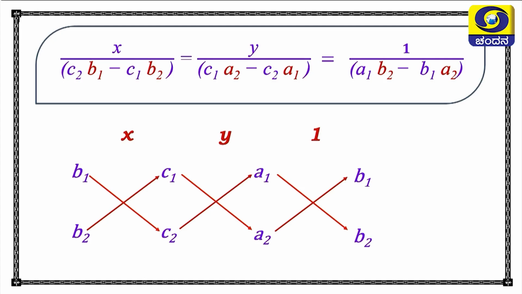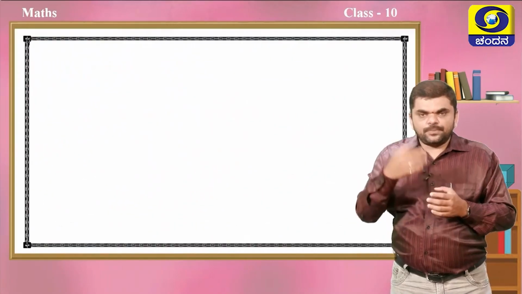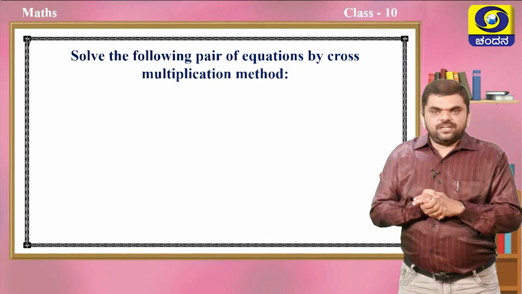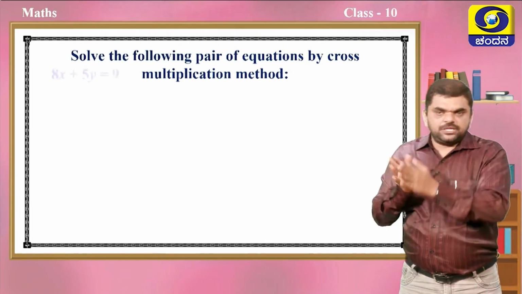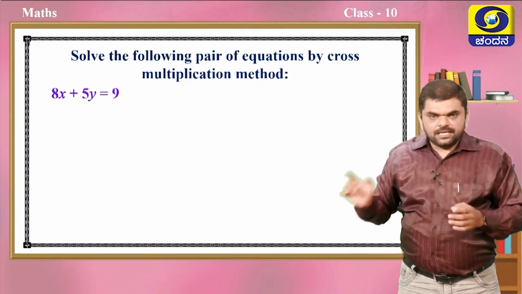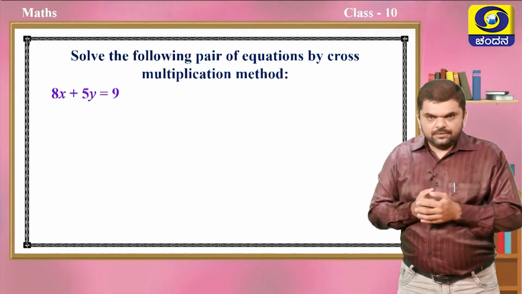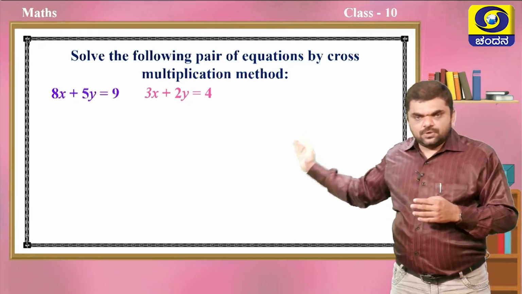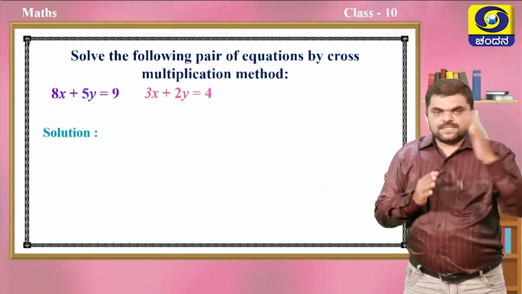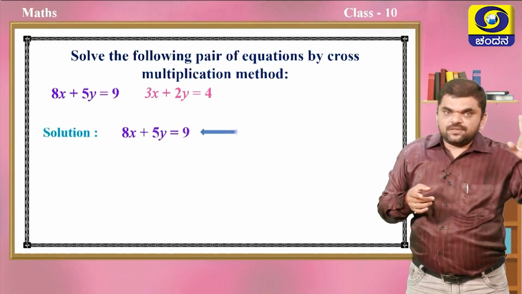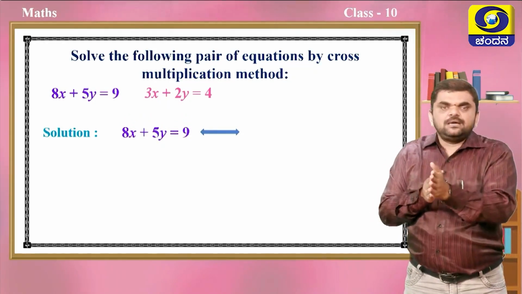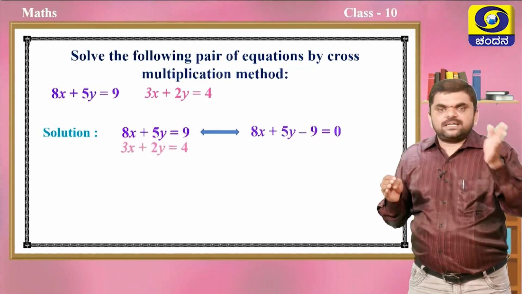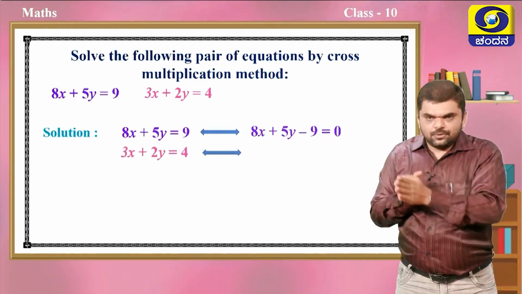Now let us solve one problem on this. Solve the following pair of linear equations by the cross multiplication method. 8x plus 5y is equal to 9, one equation. Another equation is 3x plus 2y is equal to 4. Now the solution. We know the equations are a1x plus b1y plus c1 is equal to 0, and another one is a2x plus b2y plus c2 is equal to 0.